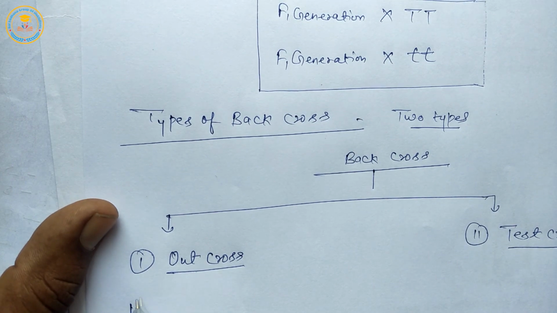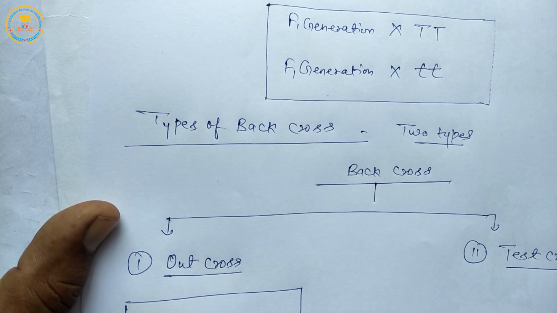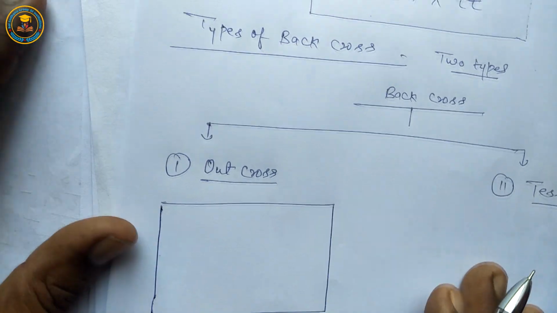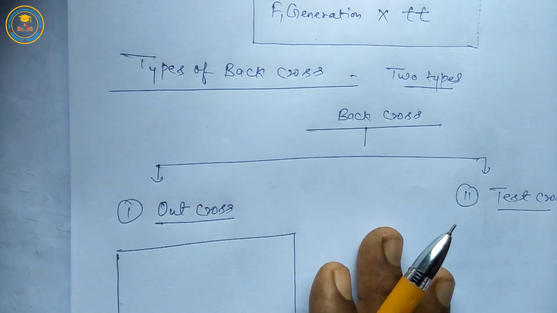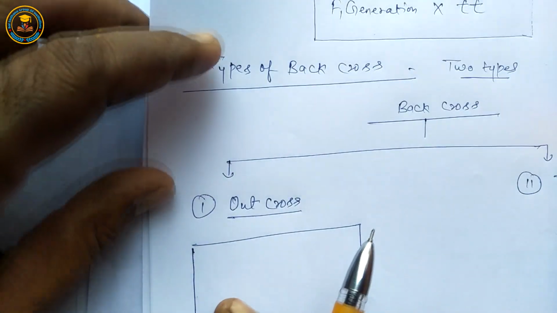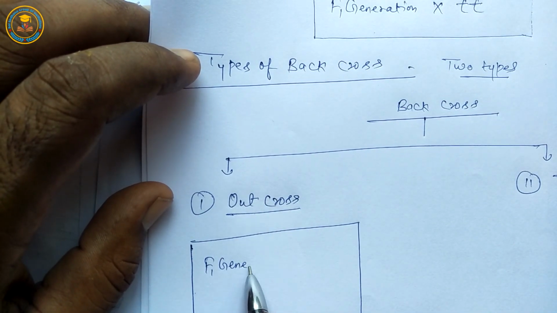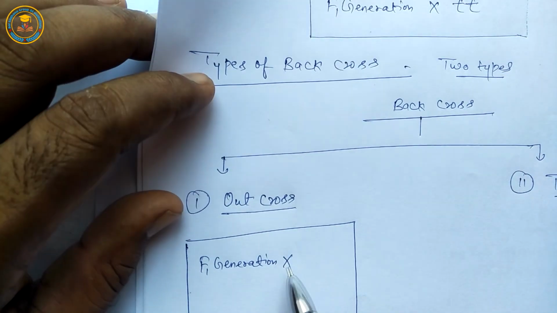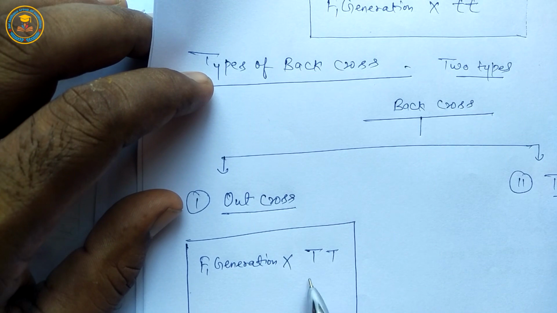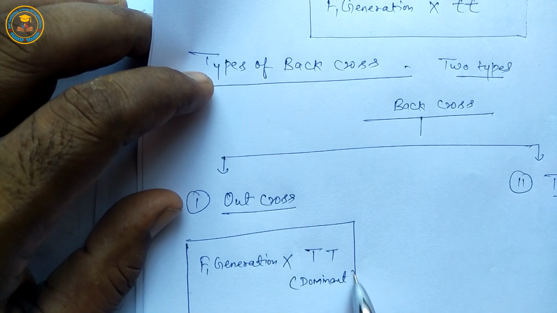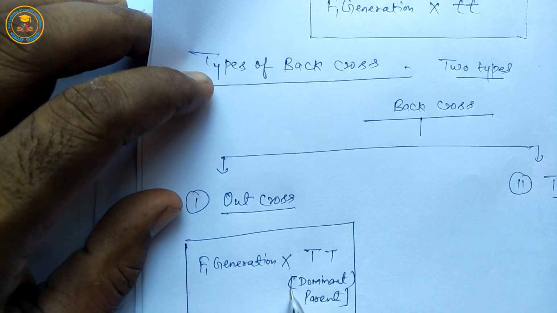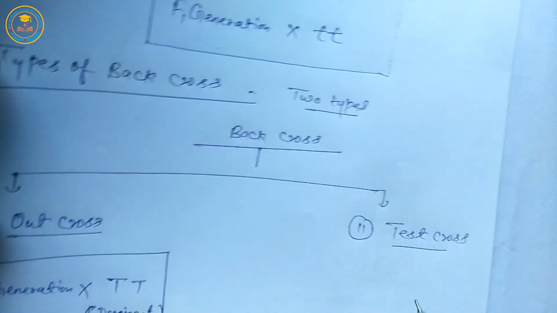A linear figure of outcross is: if F1 generation, it means first filial generation, crossed with dominant parent or dominant homozygous.